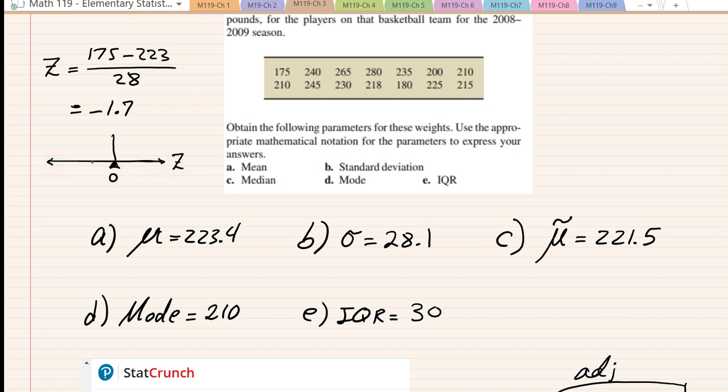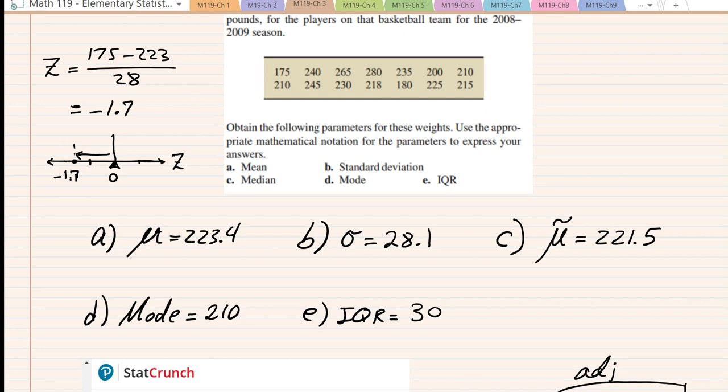Let's say this is negative 1.7 deviation. Each deviation is going to be 1 unit. You can make the tick marks 1 deviation apart. This particular person's Z-score is negative 1.7. So he is 1.7 deviations below the team's average.